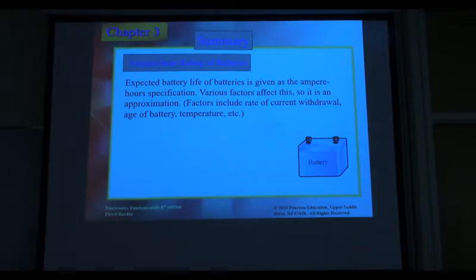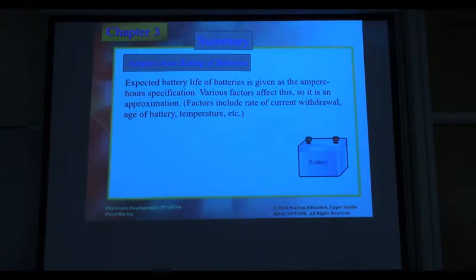For example, if the battery is rated as 100 ampere hour, and it's fresh, brand new, so it's exactly 100 AH. A is ampere, H means hour, right? If you draw a current of, for example, 2 ampere, how long can you use the battery? 50 hours.